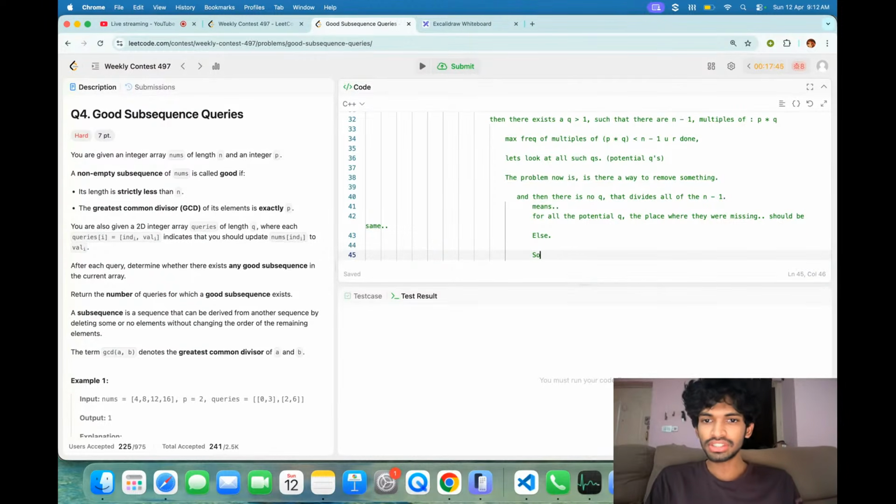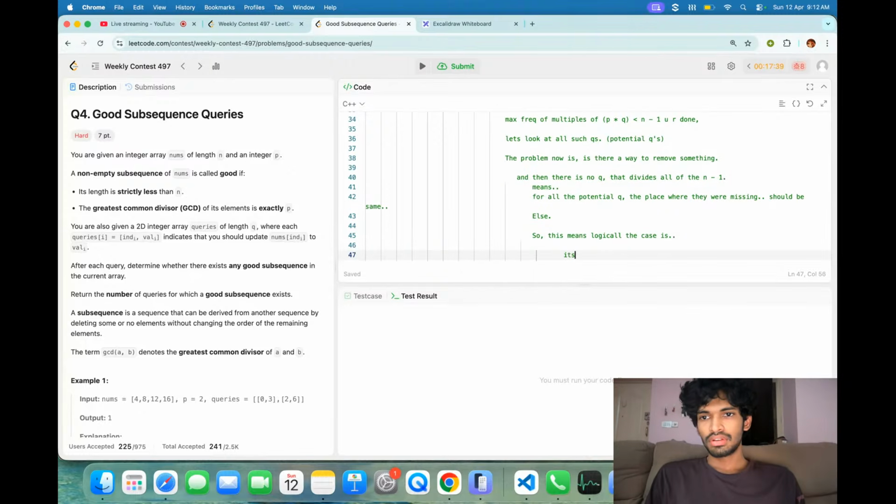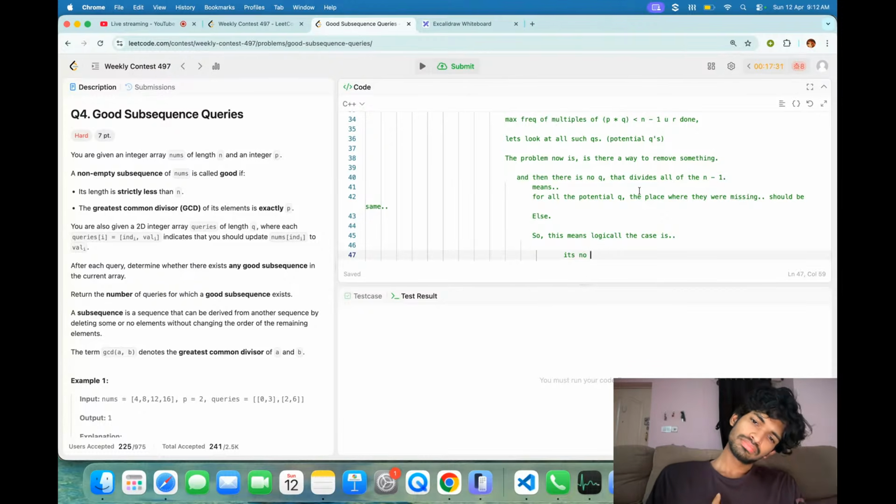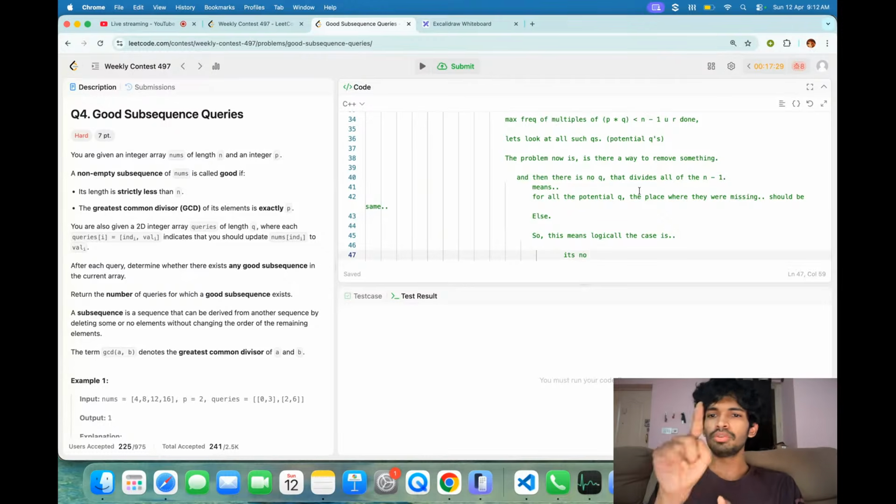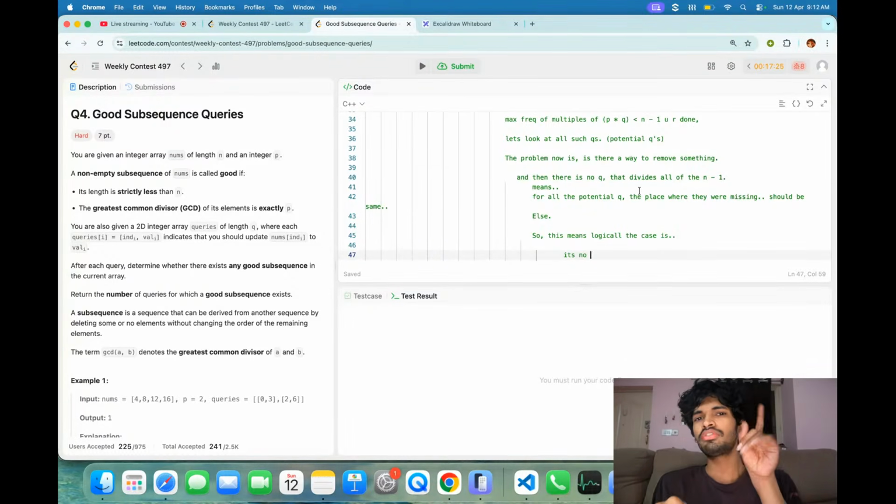So this means logically the case is you remove something and then there is no queue that divides all of this. And then if you're looking at these potential things, what does that mean?